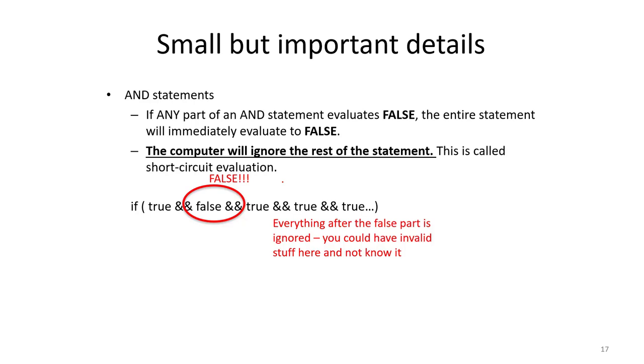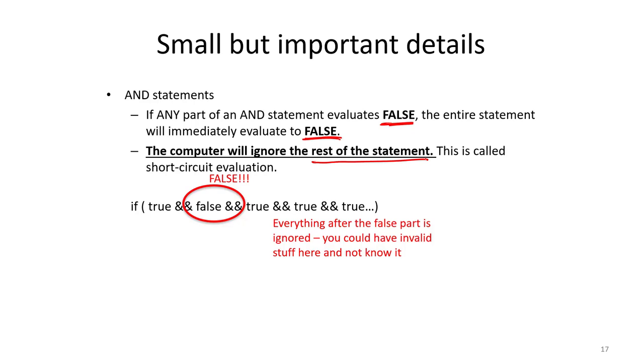A couple other important details to note. First is and statements. It's very important to note that if any part of an and statement is evaluated to false, the entire statement will immediately become false. In fact, the computer will ignore the rest of the statement.